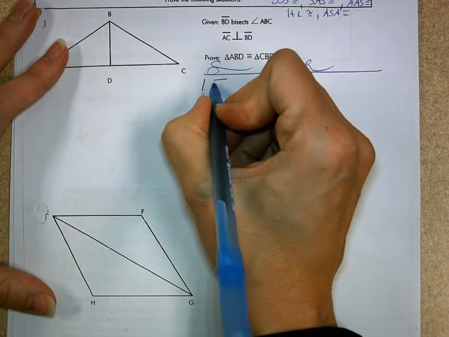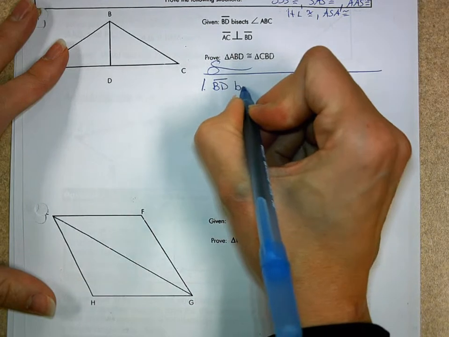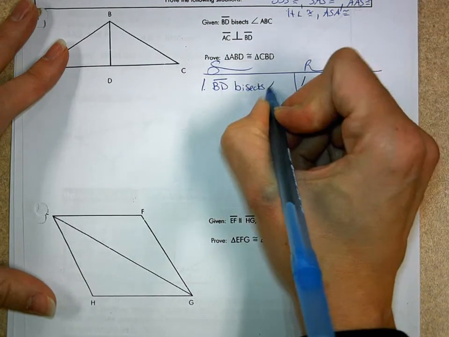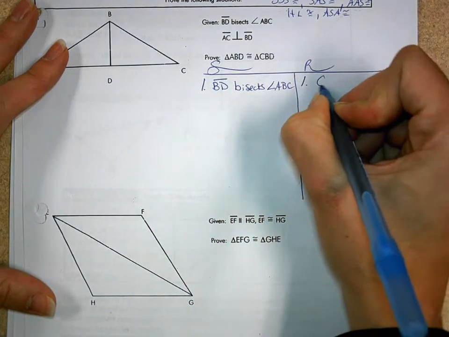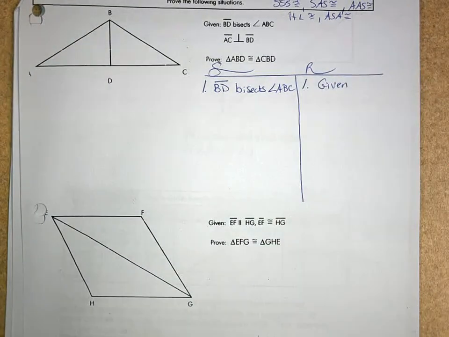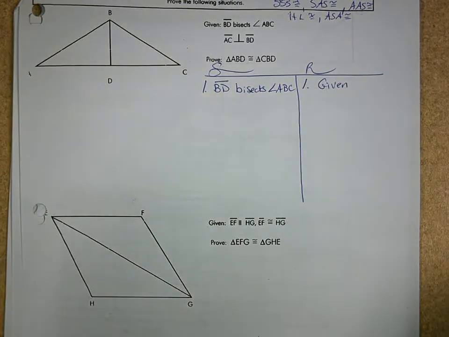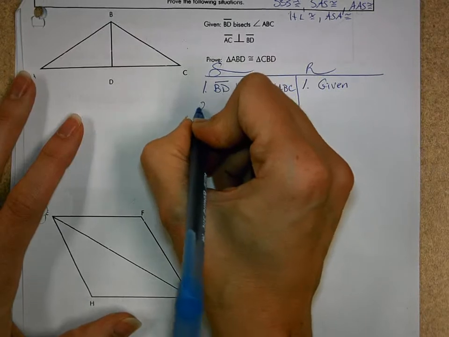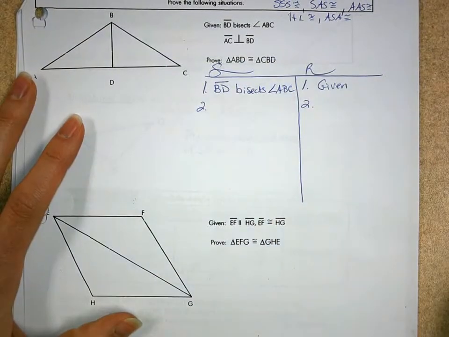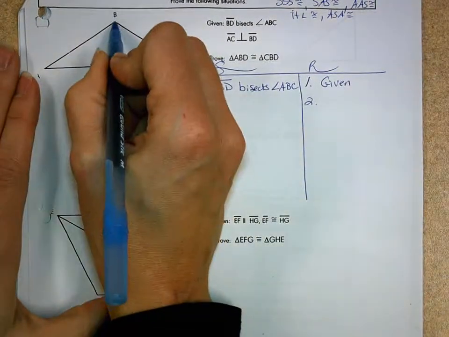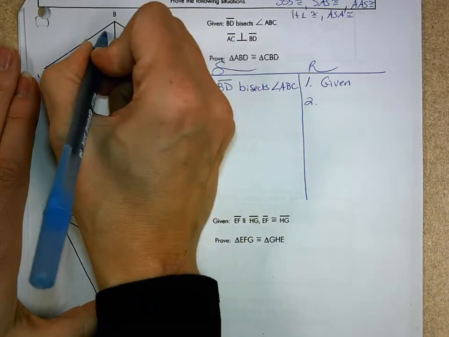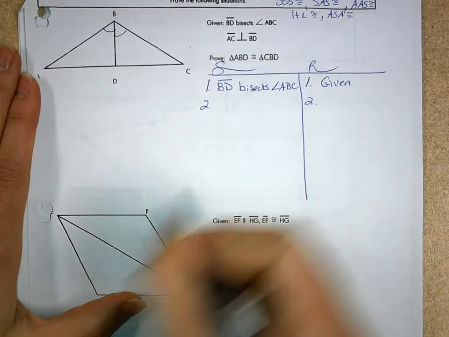So the first thing that's in our given is the fact that segment BD bisects an angle. Now, if I give you an angle bisector that bisects, what do you give back to me? 2 congruent angles. Now, BD bisects angle ABC, so that means these 2 angles are the ones that are congruent.